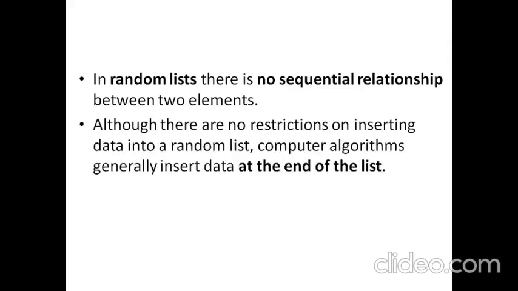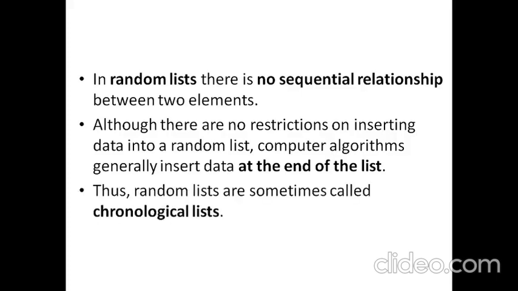The elements are simply stored in random order, and there is no ascending or descending relationship between them. So adding at the end of the list is the simplest approach that can be followed for a random list. And for this reason it is also known as a chronological list.